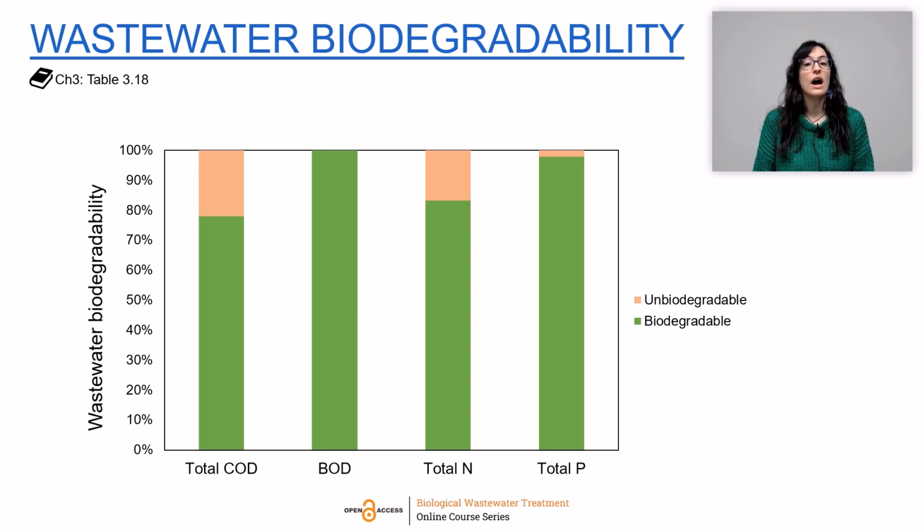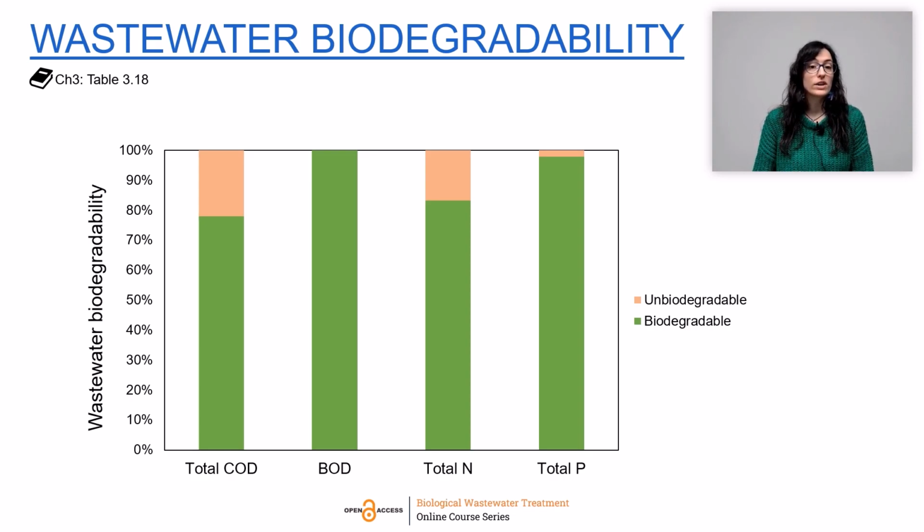Treatment processes are based on biological degradation and conversions of substances, so it is also important to have an idea of what is the biodegradability of the wastewater. In this slide, you can see some examples of what are the typical biodegradable and unbiodegradable fractions of the wastewater.